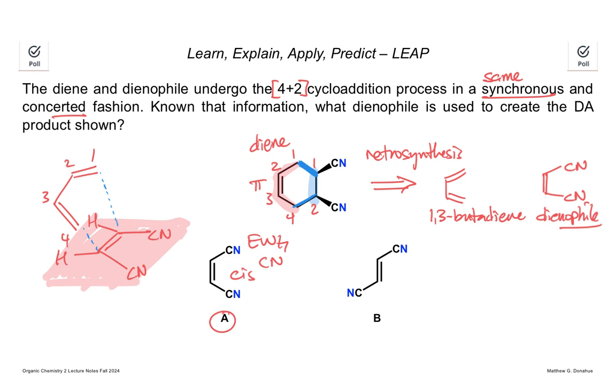And again, in pushing the arrows, you're going to break a pi bond, make a new pi bond. This pi bond is going to come over and form a bond where that sort of blue dotted line is. And then that pi bond of the dienophile comes up and forms that sigma bond.